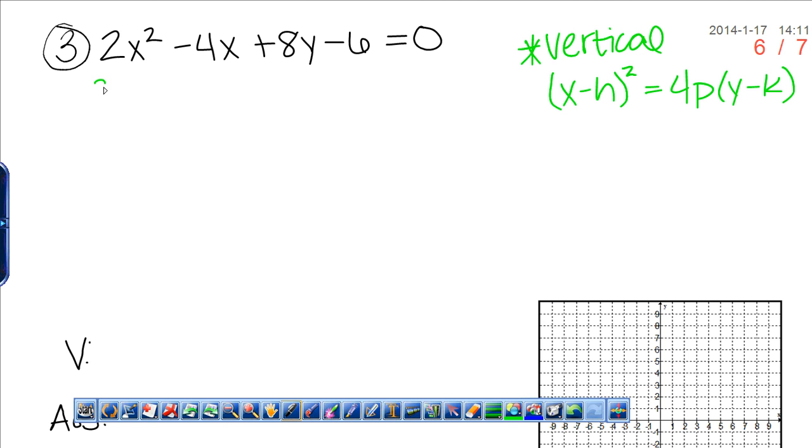So I'm going to have 2x squared. Well, sorry, wait. Before I do that, sorry. What do you notice about all these values? They're all divisible by 2. Okay? It's not that you're going to pull out a common factor. It's that you can go ahead and just divide everything. Okay? Because this is an equation. It's equal to 0.